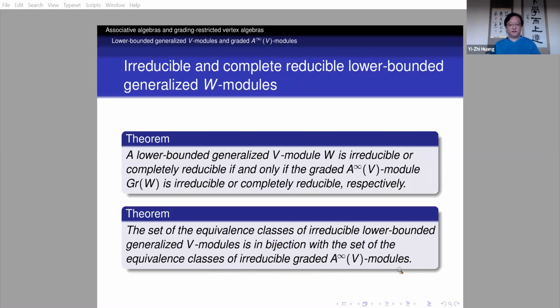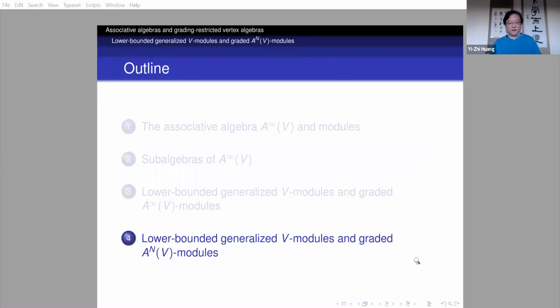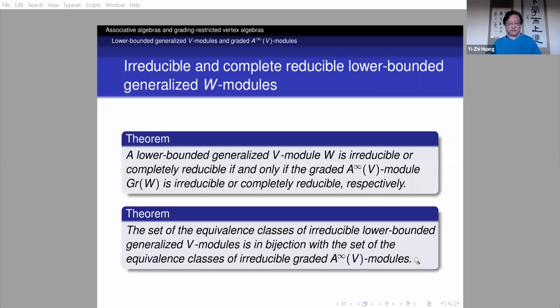This result is certainly needed here, because any reasonable algebra must give this kind of result. But if you want this kind of result, it's best to look at just Zhu algebra, because it's much simpler. Zhu algebra also has this bijection. So this is the result I obtained for A infinity(V).